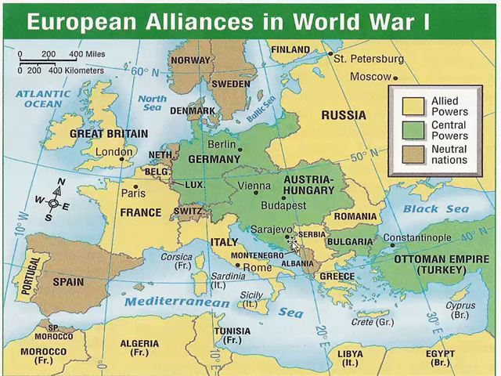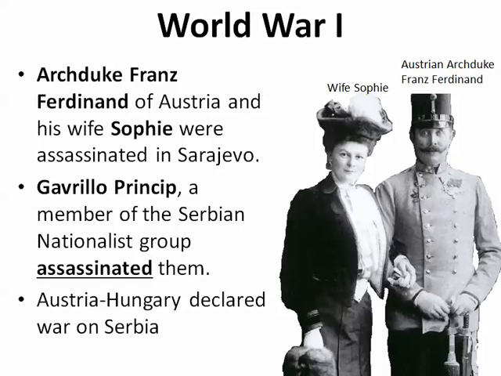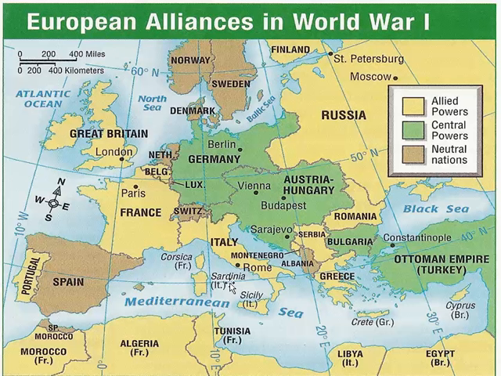And here in Serbia, a Serbian nationalist named Gavrilo Princip and his group assassinated both Austrian Archduke Franz Ferdinand and his wife Sophie as they rode in an open car. He shoots and kills both of them. And then Austria-Hungary is going to declare war on Serbia. Here's Austria-Hungary. Here's Sarajevo where they were assassinated. Austria-Hungary is going to declare war on Serbia.